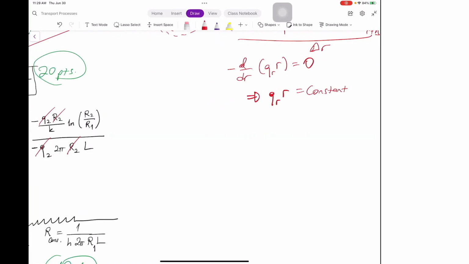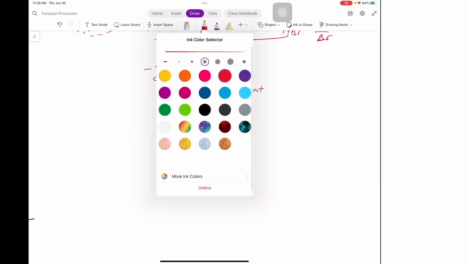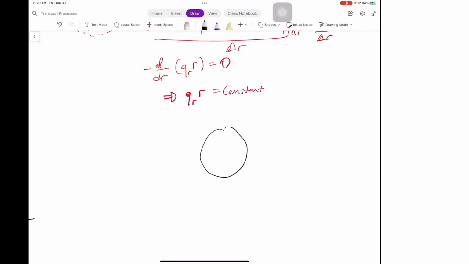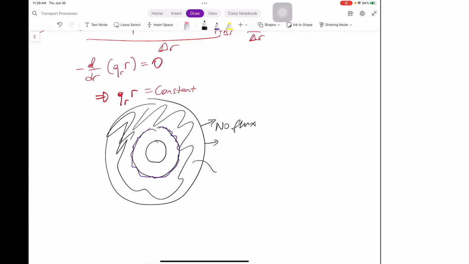But you should argue the following. If this is the pipe, if this is the insulator, and if this is the heater, this is the pipe, and this is the insulator, we know that here there is no flux, no heat dissipated to the surrounding, because this is a perfect insulator, right?